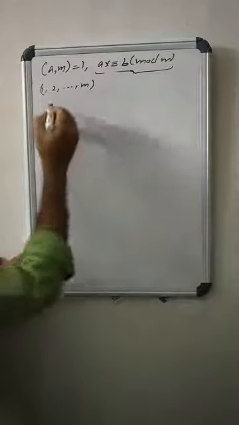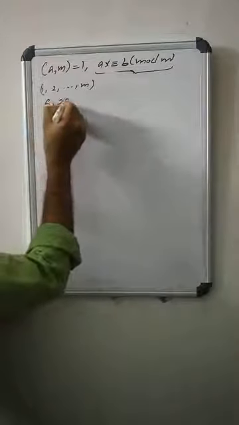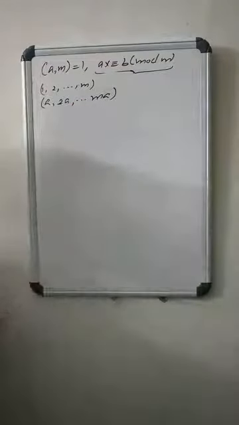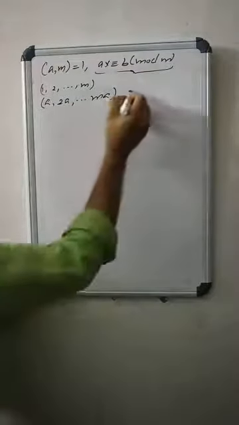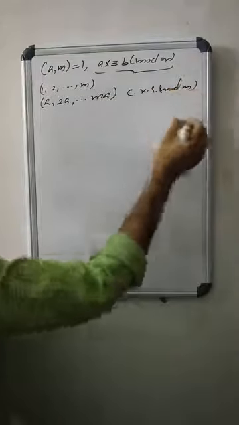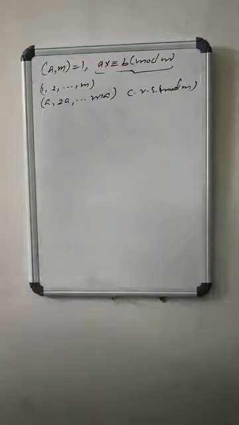Therefore, their multiples, that is a, 2a, up to ma, also constitute a complete residue system mod m.